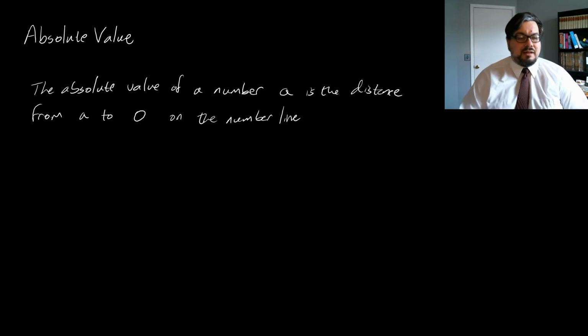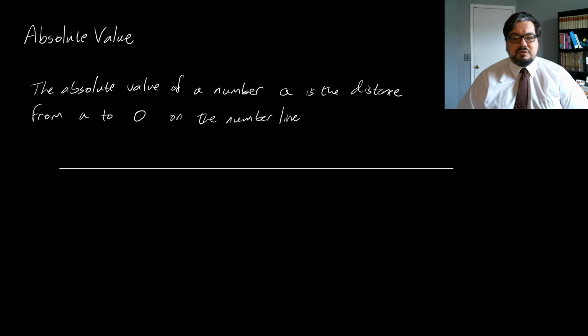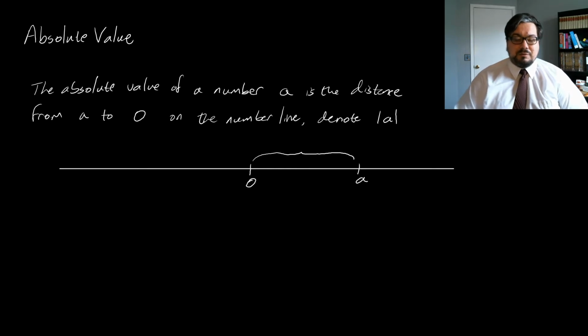The absolute value of A tells you, if you were to sketch out a number line and note 0 and note A, this distance right here. And we denote this value the following way: the absolute value of A with two vertical bars on either side of A.